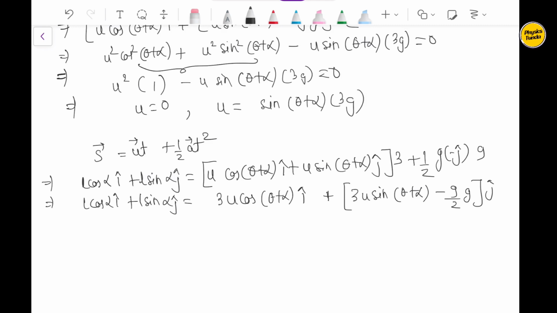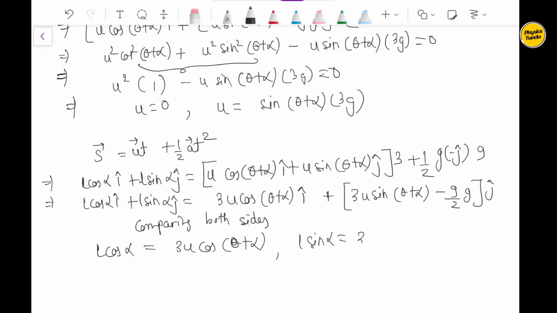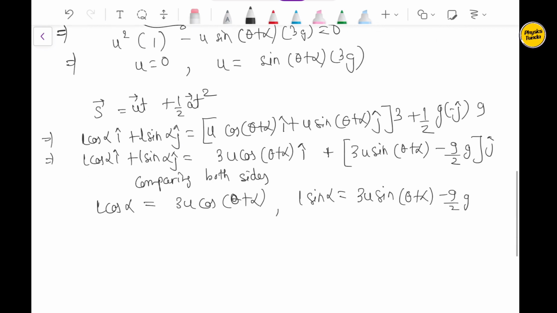If I compare both sides, I can say that L cos alpha is equal to 3u cos of theta plus alpha, and L sine alpha is equal to 3u sine theta plus alpha minus 9 by 2 g, right?